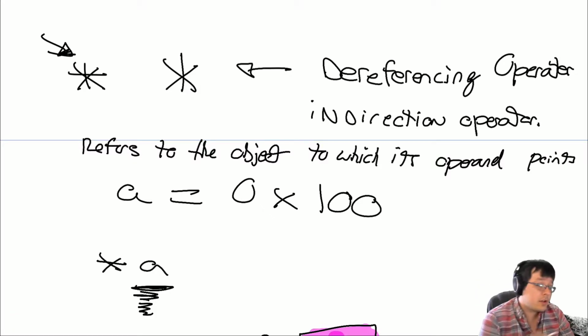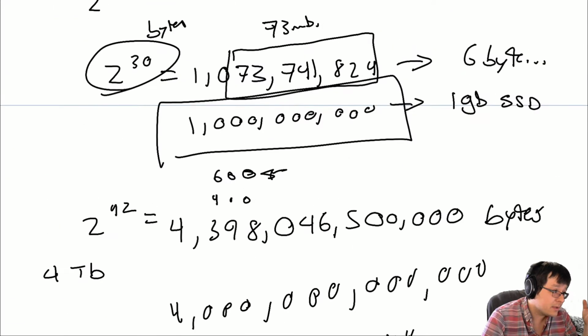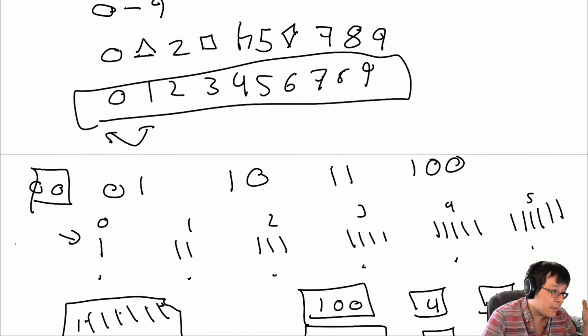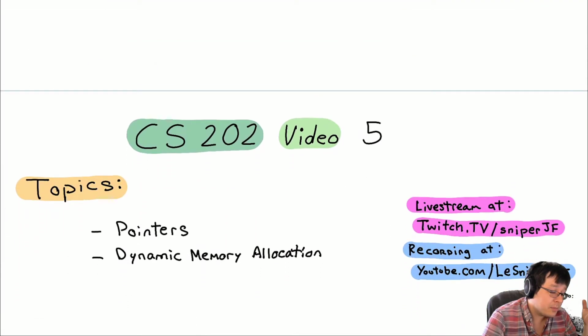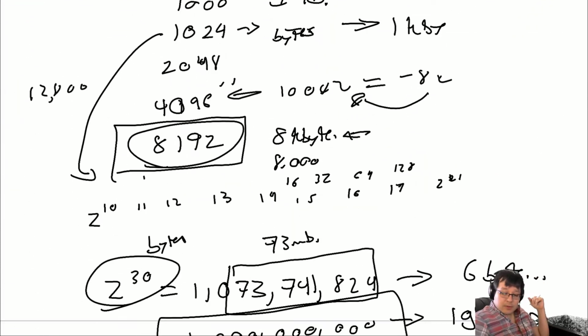And the operand is going to be the address, the variable containing an address. Another nickname for a variable containing an address is pointer. So that's what a pointer is. It's just a variable that has an address, which now you know how to get. So now let's try it out.